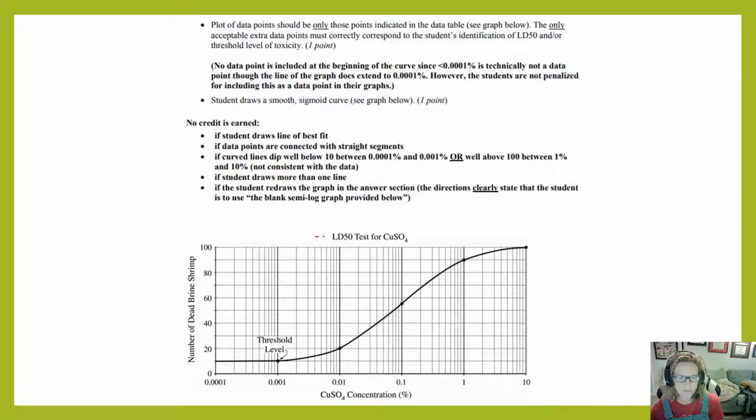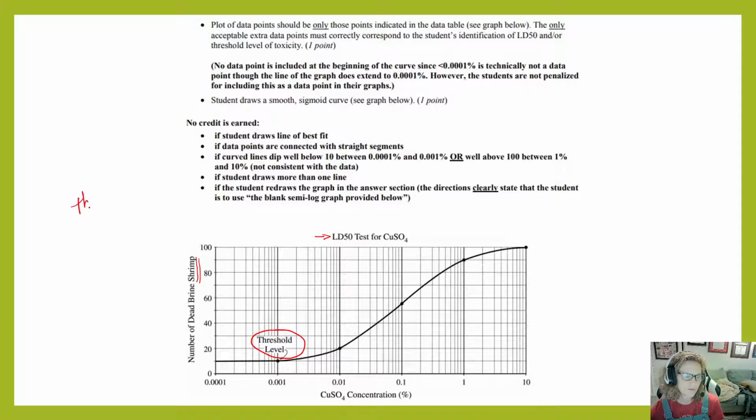It's an LD50 test to see how toxic copper sulfate is. Number of dead brine shrimp. So sometimes it's rats, sometimes it's mice. This time it's shrimp. And so we can see what's going on. So at this concentration, nothing happens, nothing happens, nothing happens. As soon as this curve starts to go up, we have a threshold level.